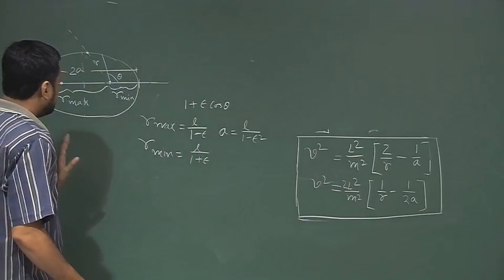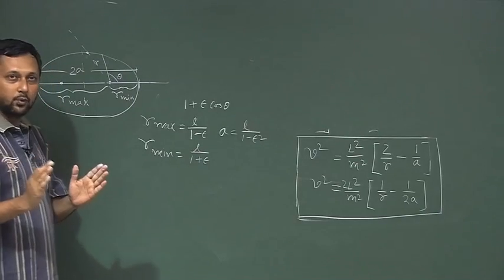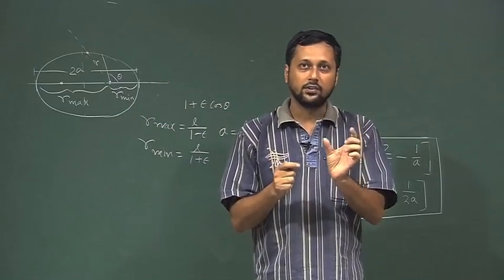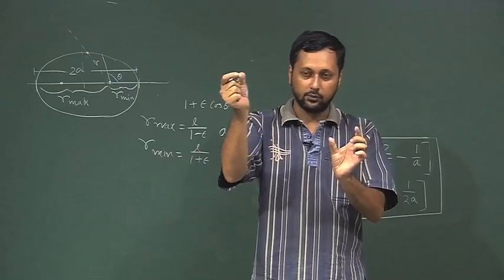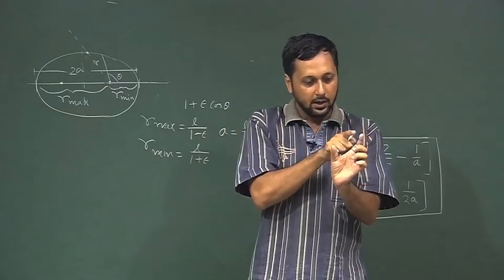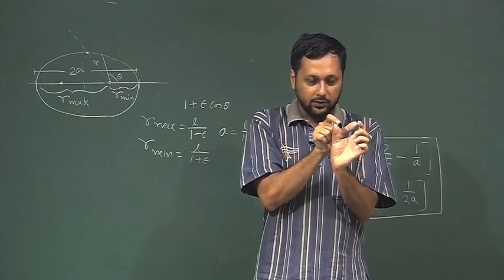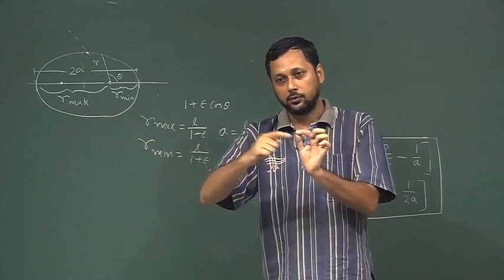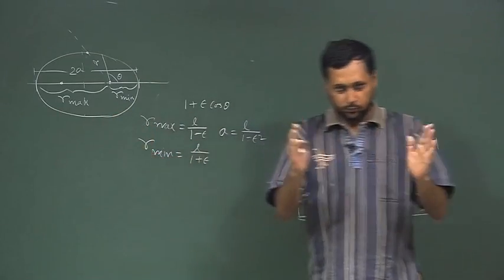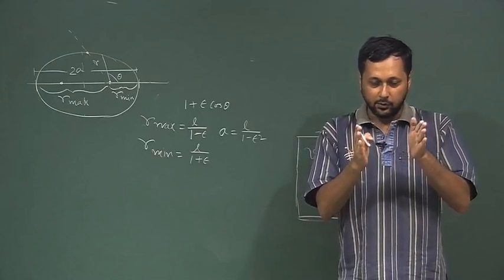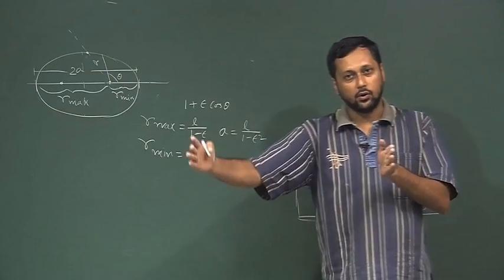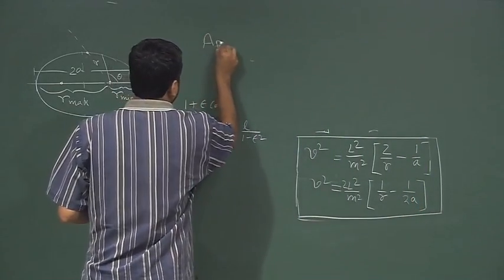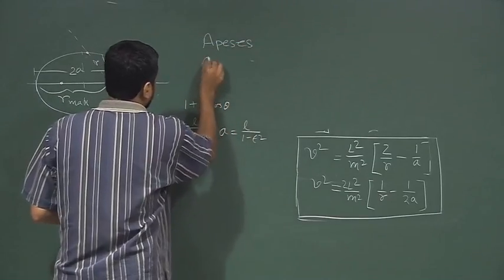For both the orbits, we have seen that there are extreme points: the closest approach of the moving point mass to the force center, and the longest possible distance from the force center. These two points, where the distance between the force center and the mass is either shortest or longest, have certain names. They are called the apices or apsidal points.